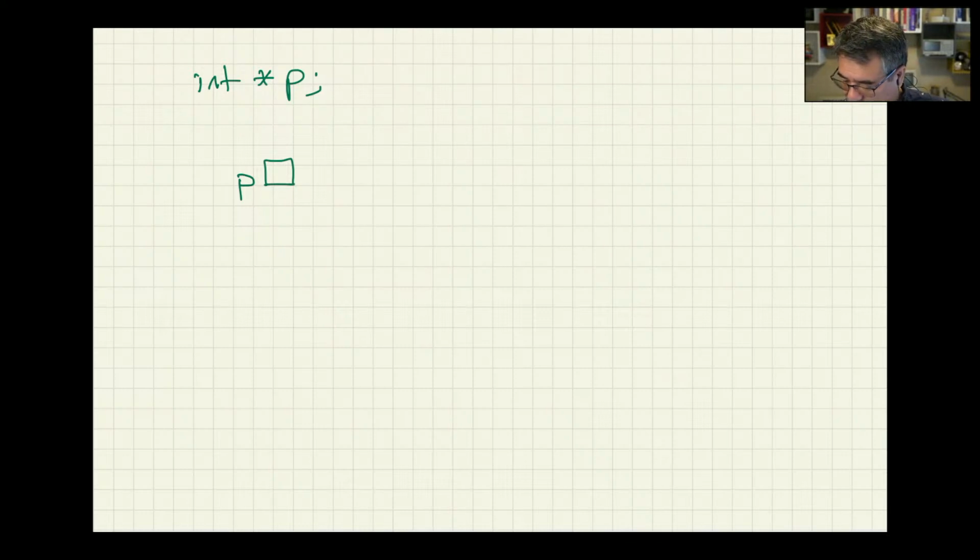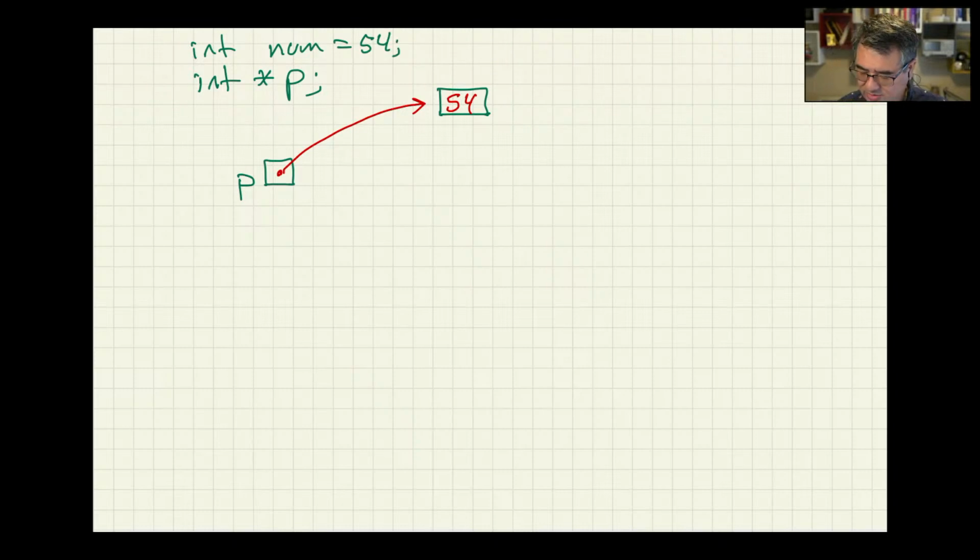So if you want to have the number 54 off in some other memory location and this one points to it, then you really need to do two things. You need to have the integer itself, let's call this num, and then the pointer that actually points to it. So two things you need to set aside.